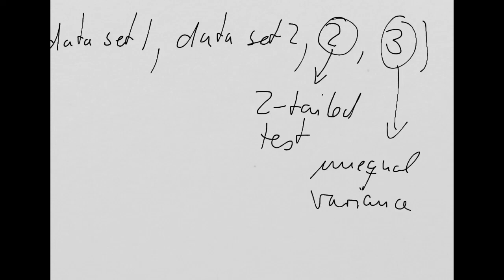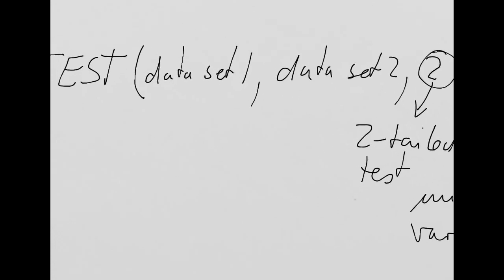And usually you don't have the same variance anyway. So, if you wanted to calculate a p-value: data set 1, data set 2, 2, 3. That would be the relevant stuff for you. Okay? Now, let's see how this looks.